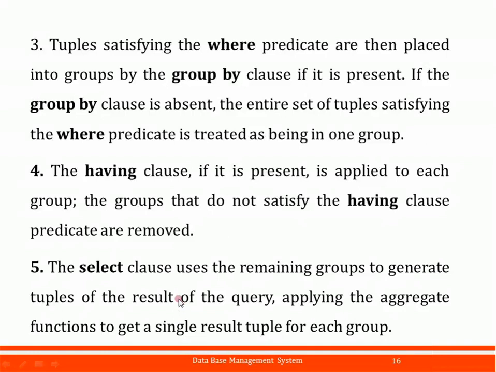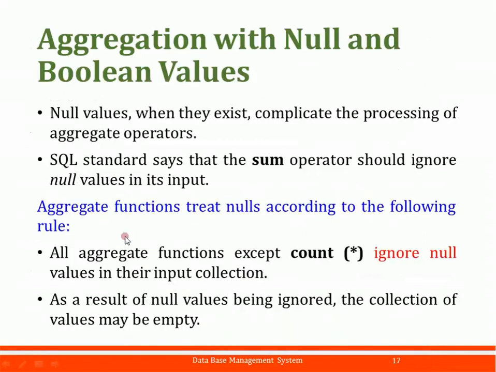So first is the from clause, then where, group by, having, and finally the aggregate function on the select clause attributes. So this is how you have to apply it as a sequence of operations.